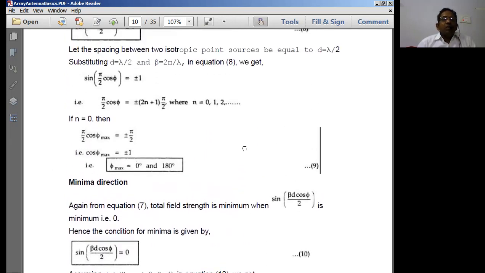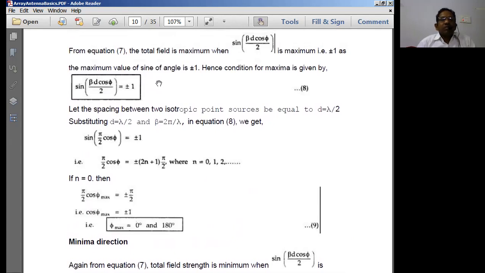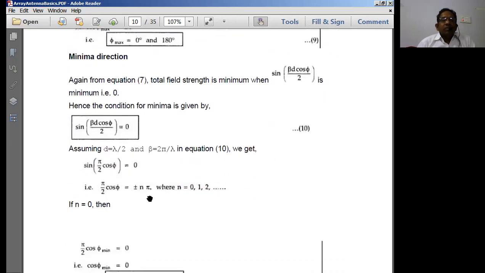See here, if you have a cos function, cos of (beta d cos phi by 2), if it is equal to plus or minus 1, in the previous case we got plus or minus n pi. Similar kind of thing we will get here.